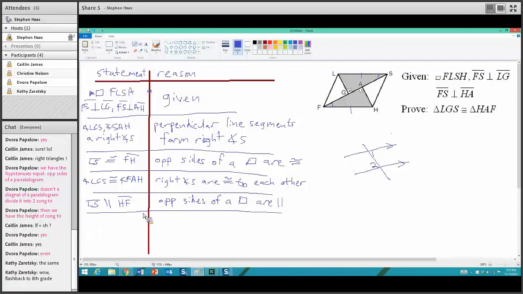Now we've got the two alternate interior angles. So for example, we could say angle SFH, not ES, is congruent to angle FSL. And again, because they are alternate interior angles.